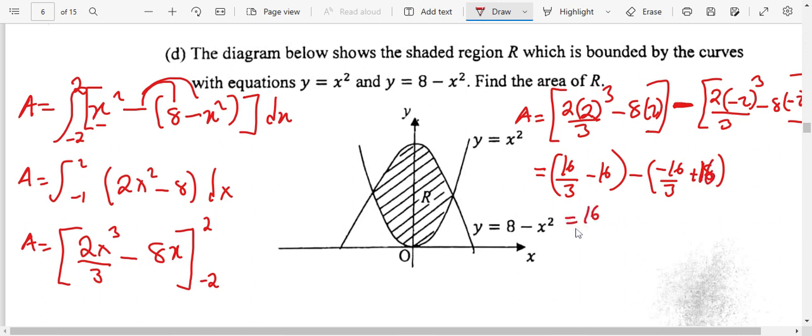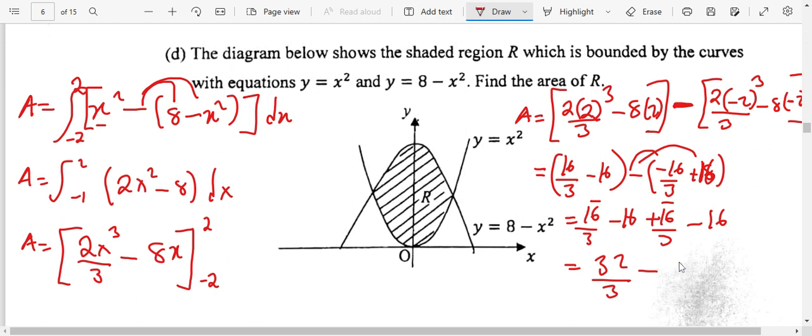So I remove the brackets, it's going to be 16 over 3 minus 16, negative times this, it becomes positive 16 over 3, negatives times this, that becomes negative 16. Okay, like that. So this one, we can add to this one. That is 16 plus 16, that will be 32, since the denominator is the same, over 3. Then negative 16 minus 16, that is also 32.